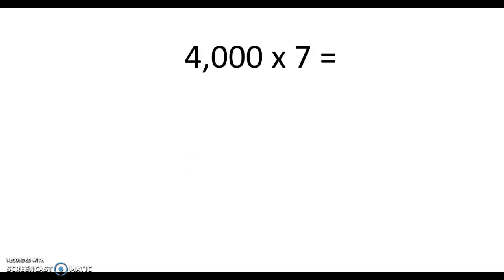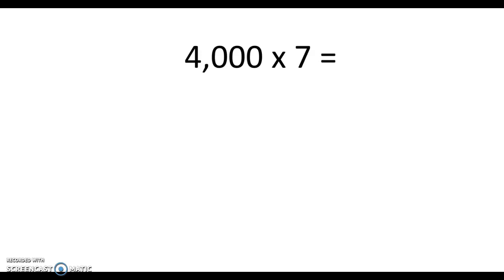Alrighty, let's try another one. You have 4,000 times 7. So go ahead and erase your board and write this down and try it out. All right, if you're not ready, go ahead and pause this.